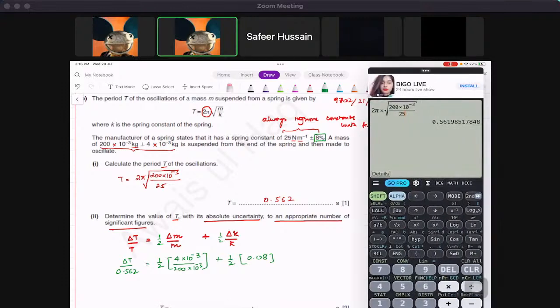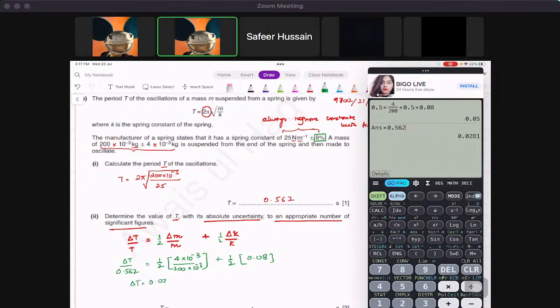Now 0.5 times 4 minus 3 and minus 3 will cancel out, so don't worry about it, plus 0.5 times 0.08. So you get this, and then you multiply this by 0.562. So our answer for delta t is 0.0281.